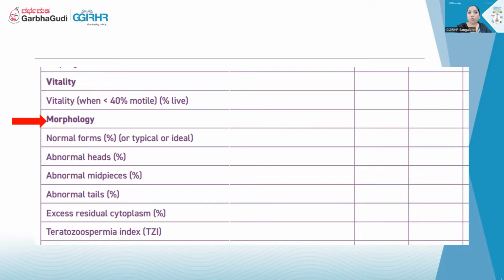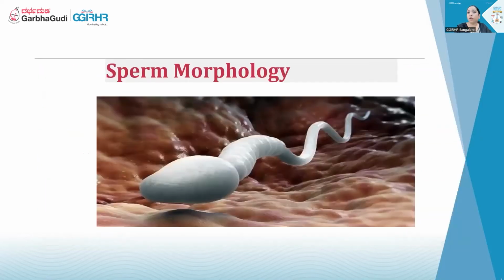So these are the four parameters looked into while assessing morphology. For sperm morphology, every aspect of the sperm, that is the shape of the head, the acrosome region, the midpiece, tail, and cytoplasmic droplets, is included in the assessment.